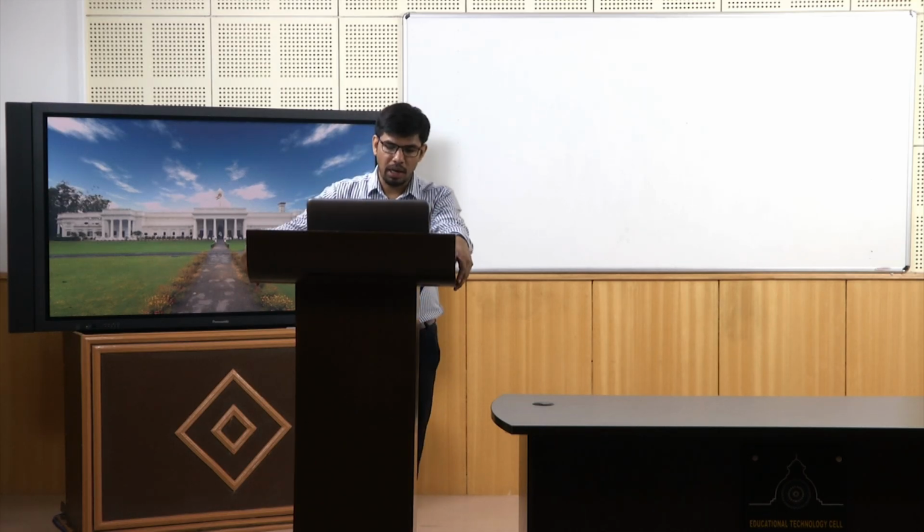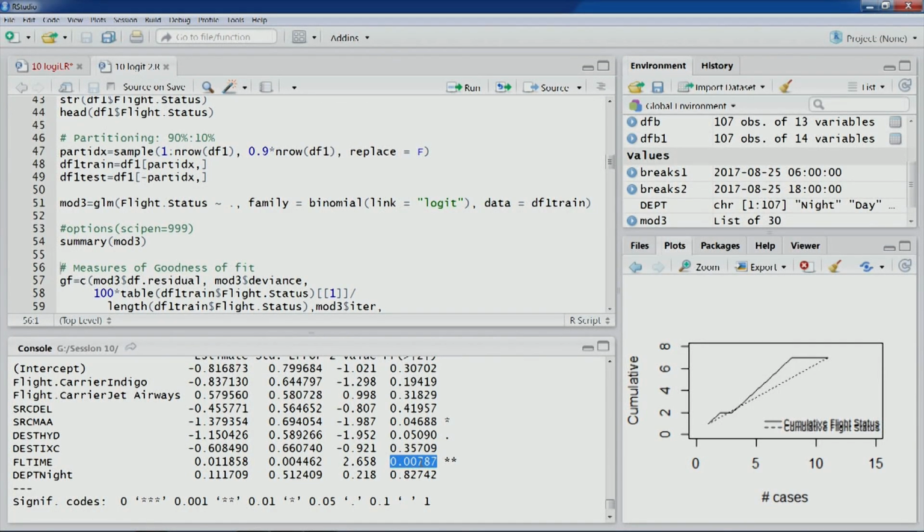So in the last modeling, flight time just missed achieving significance at the 90% confidence level, right? So this is one change. Another important one is source. In the previous modeling we saw that the Madras dummy variable for source was significant at 90% confidence level.